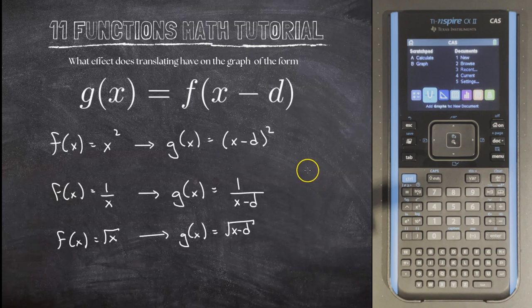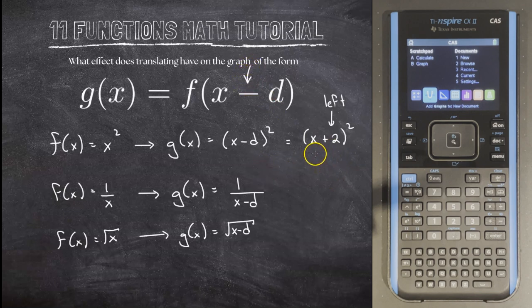Now it can be a little confusing, as we notice that our function g of x, when we made x plus 2 squared, this actually translated to the left. Typically we like to think of positive value being to the right, but that's why we throw the negative into the equation here.